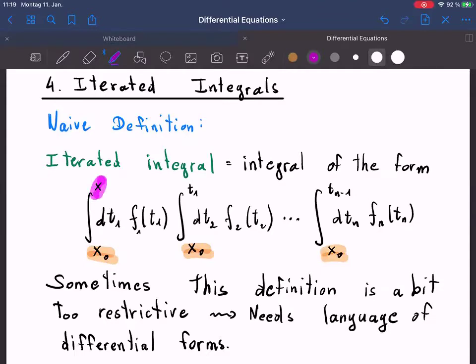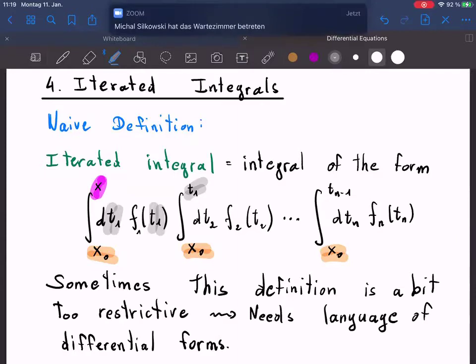The next integral you only integrate up to t1, where t1 is the previous integration variable, and then you continue like this. So that is a naive definition of an iterated integral: a nested integration always up to the previous integration variable.